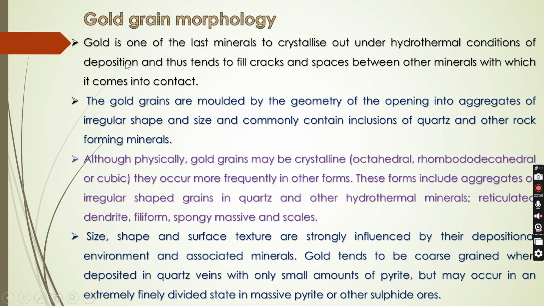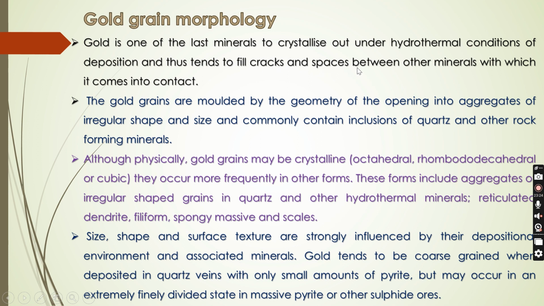Depending on saturation, deposition occurs and thus it tends to fill cracks. Whatever separates out last naturally settles in whatever cracks or available porous, permeable positions are there, like a quartz vein. Quartz itself is a crack filler, so gold also comes along with quartz.